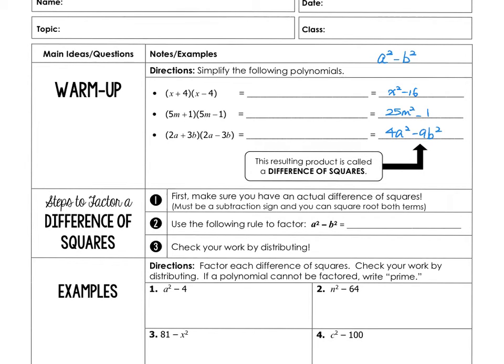Now if I want to factor this, it becomes a plus b times a minus b. Now, a and b can be variables, functions, or integers. If I give you a squared plus b squared in a weird way, you have to know which one is a and which one is b. But that's the difference of squares formula right there.